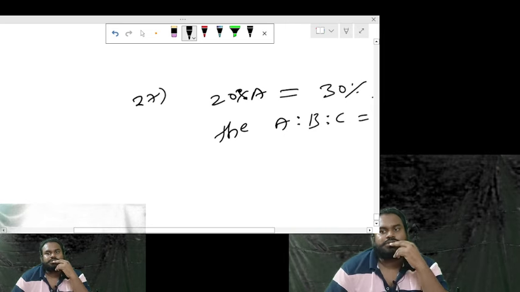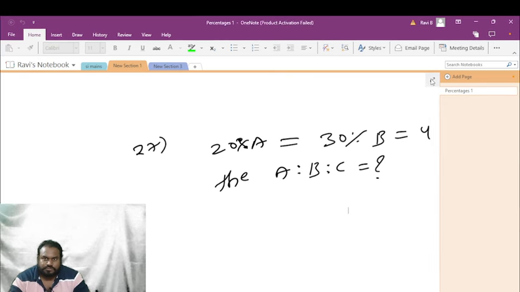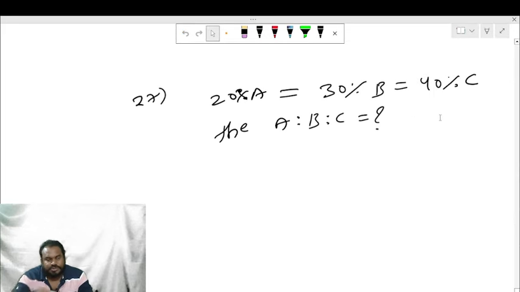One second. The question is given as 20% of A equals 30% of B equals 40% of C. Then A is to B is to C equals how much?